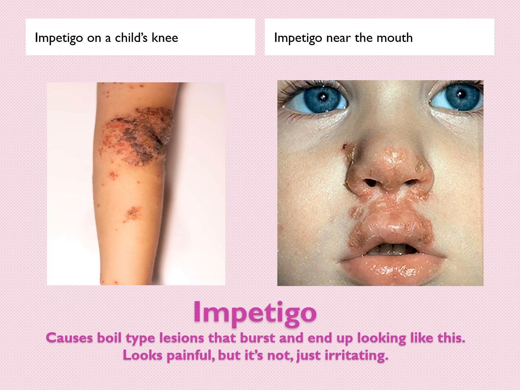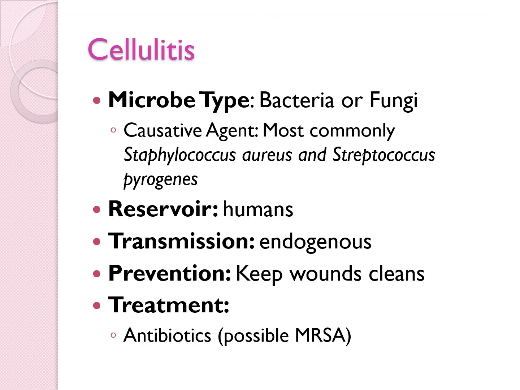That is the concern here. On the face, it doesn't look good, but it's, again, more irritating, probably on the uncomfortable side, just looks bad. But it's not bad. It's not painful. The one on the left might be on the little painful side, but it leads to other things that will be a concern. All right, that leads us to cellulitis.